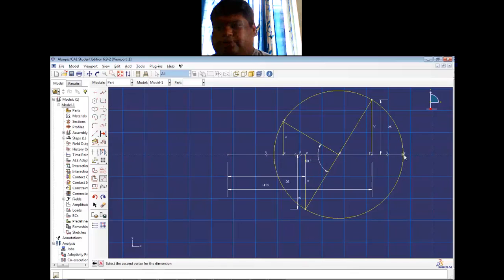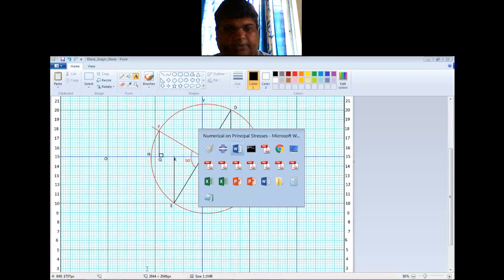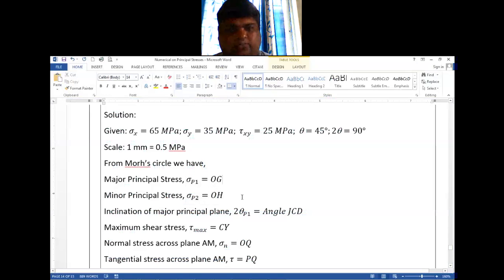So from this point to this point, this is 79.15. Since I have used 1:1 scale here, so I am getting directly this answer.